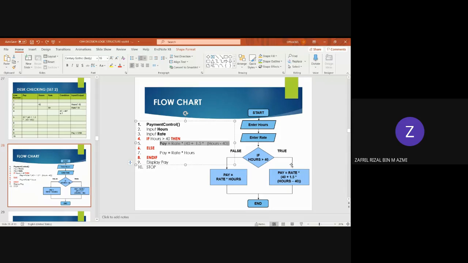So what is missing in this flowchart? Print. The output. Display pay, kan. So again, make sure you put the display pay in the correct location in your flowchart lah.